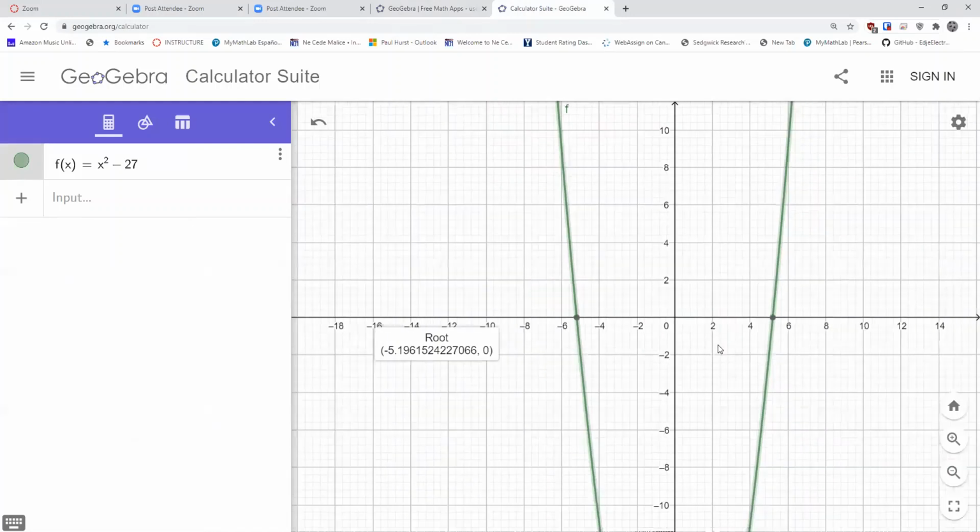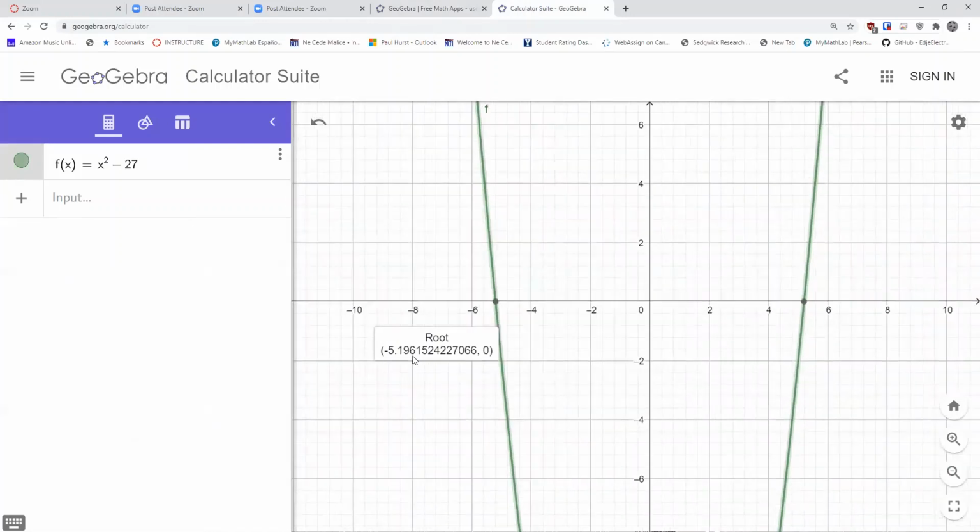So there's the graph. I can zoom out by using the mouse roll button, but it tells me what the roots are. So there's negative 5.196 is one of them. So I have to click there, and I click over here to get the other one, and I get positive 5.196. Okay, so those are going to be my answers graphically. Now the problem says to round it off to 2 decimal places.